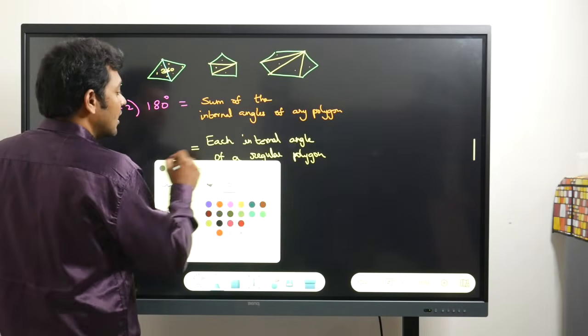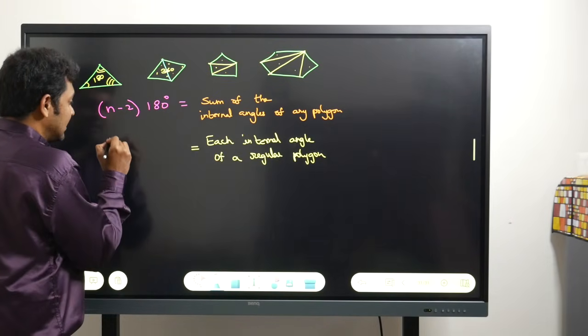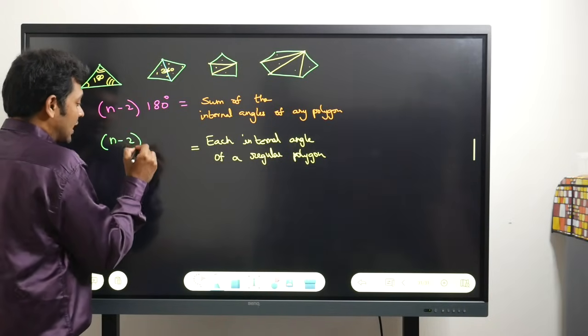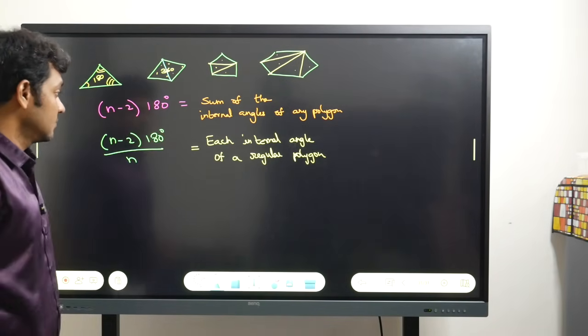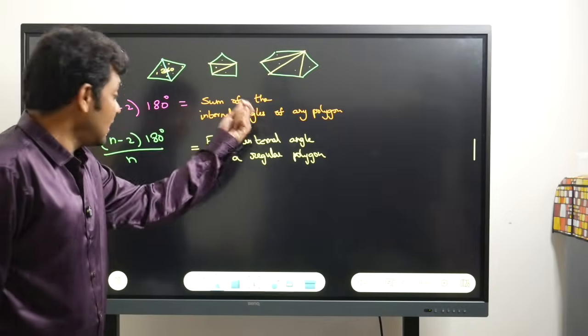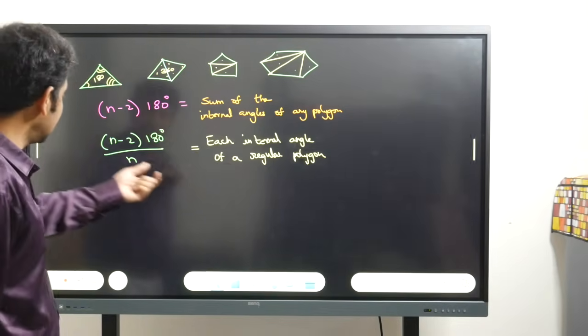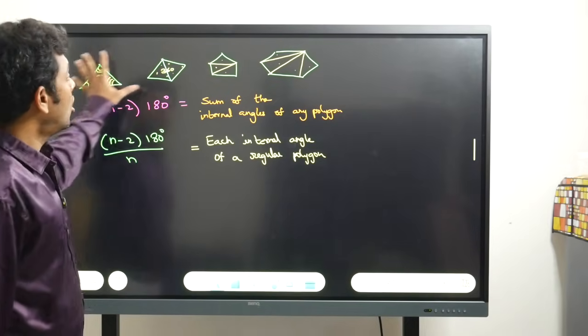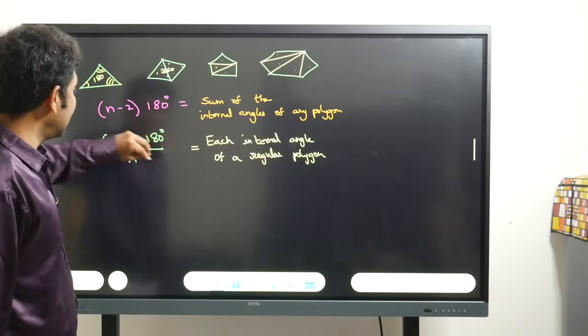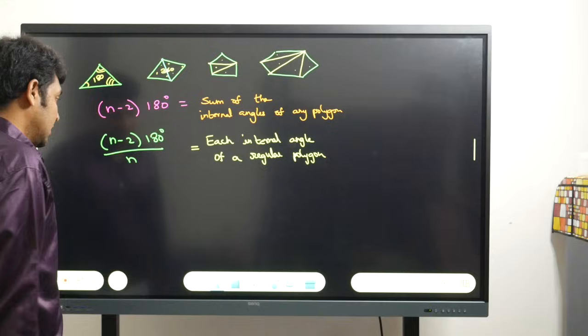So each internal angle of any regular polygon is nothing but n minus 2 times 180 divided by n. Right? Because we know all the angles are equal, therefore for n sides you just divide by n.